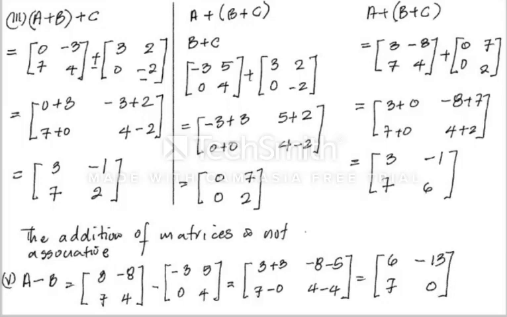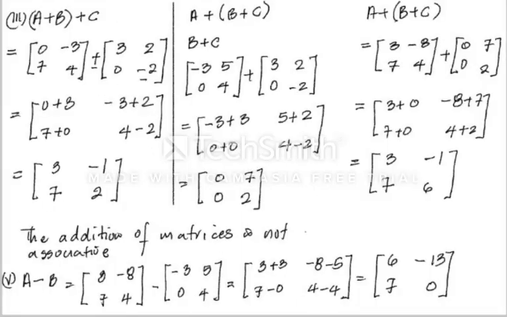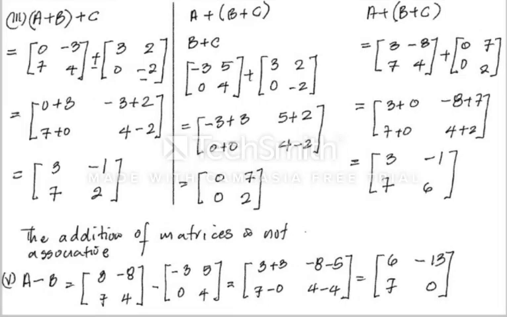Right, I think I might need to add another page. So let's add a page. All right, so now the next thing we're going to look at is B minus A. So basically the same thing, but we're just going to switch them around.